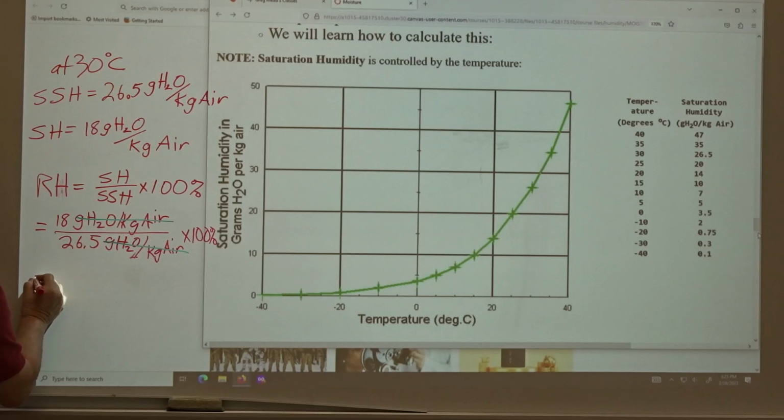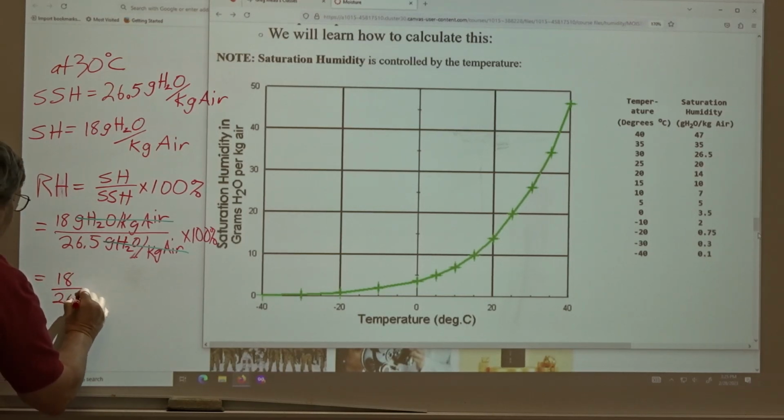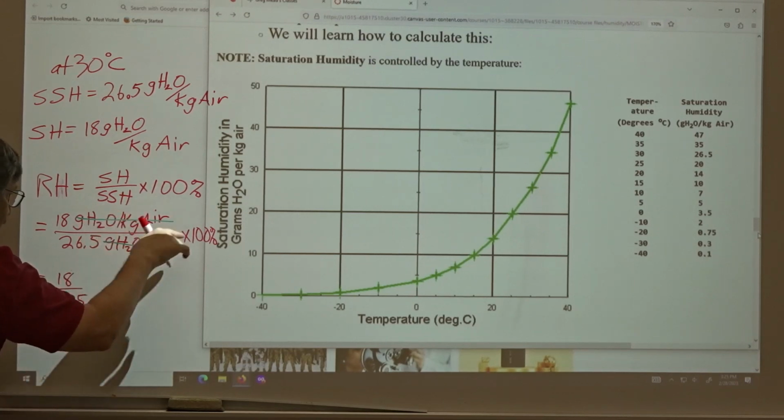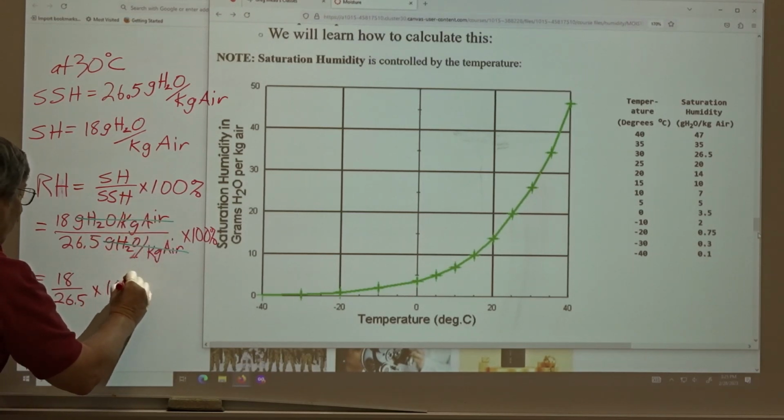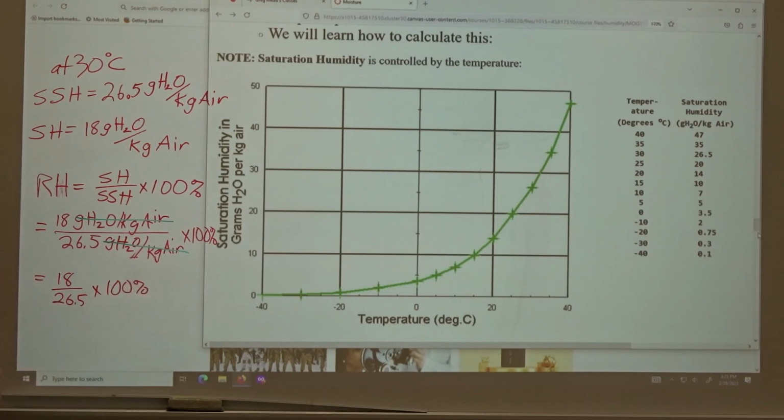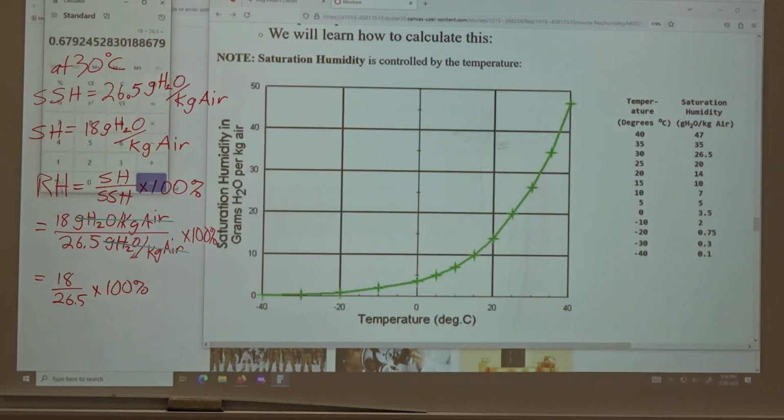And that would be equal to 18 over 26.5, and the units are all gone, times 100%. And you can't see it, but I just brought up the calculator. So if we type in 18 divided by 26.5, we get that number.